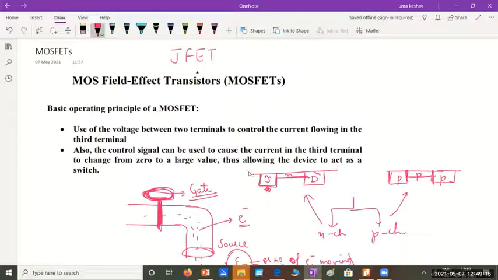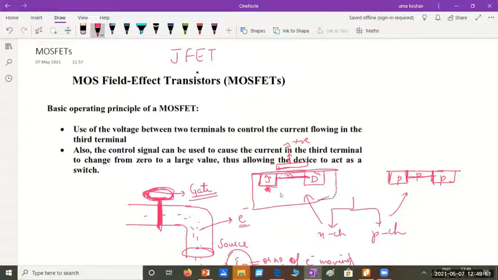Can someone tell me how to create an N channel? How is an N-type channel created connecting the source to the drain? What type of voltage should I give at the gate? Positive gate voltage. Correct. You should give a positive gate voltage to attract electrons from the substrate.